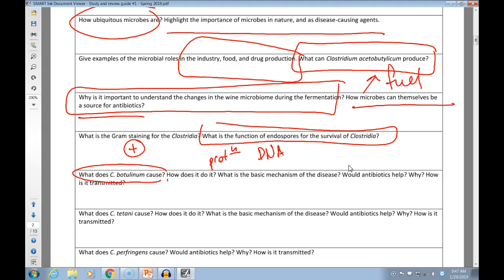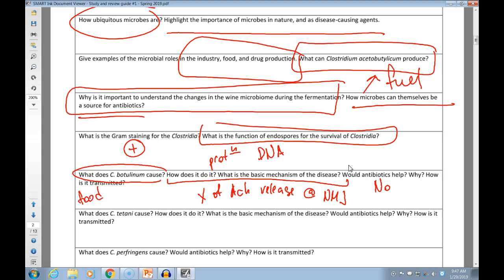How does it do it? Basic mechanism: inhibition of acetylcholine release at the neuromuscular junction. Antibiotics, would they help? No, because it's a toxin. Transmitted mainly foodborne.